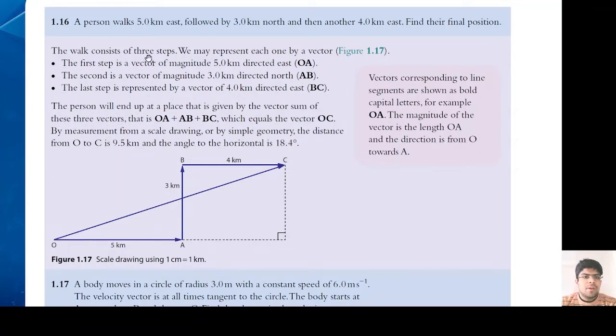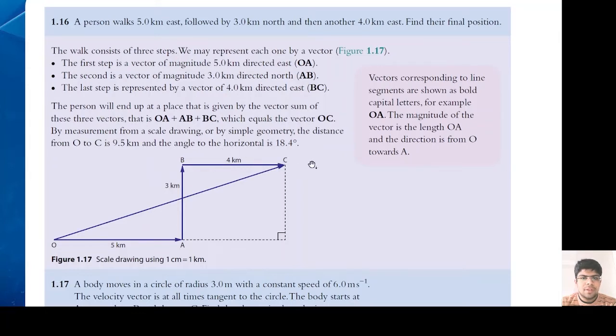The first step is a vector of magnitude 5.0 kilometers directed east, like OA. OA is here, the 5 kilometers towards east. The second is a vector of magnitude 3 kilometers directed north, like AB. And the last step is represented by a vector of 4 kilometers directed east, like BC.